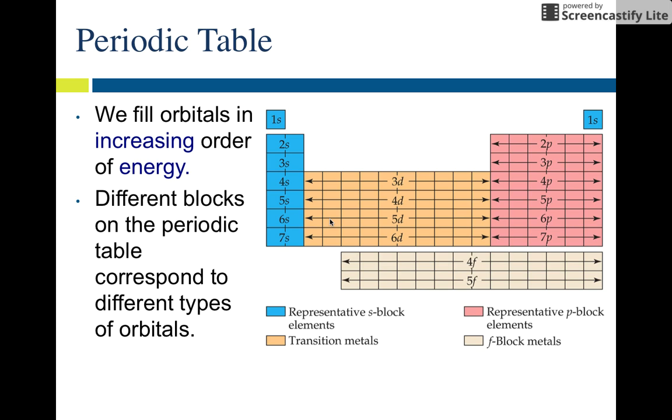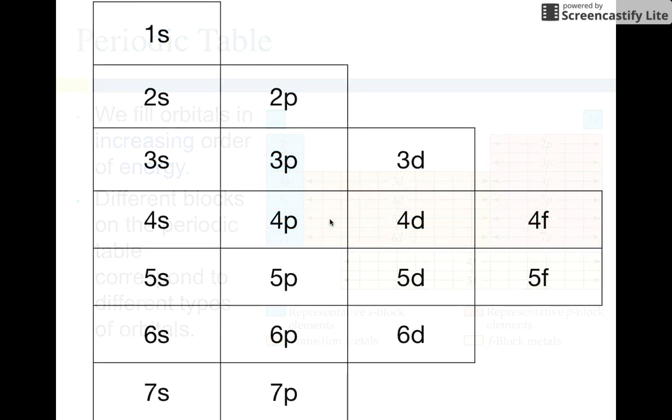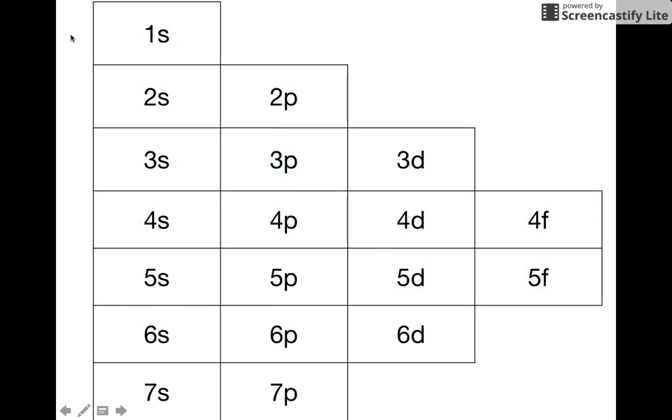Now, if you need a good way to remember the order in which to fill orbitals, here's a picture. We have the first energy level, there's an s orbital. Second energy level, we have 2s and 2p. Third energy level, 3s, 3p, 3d, and so on. And I even included down to the 7th energy level. I didn't include these because we don't have any elements that have electrons in them yet. The rule for filling orbitals is if you set it up like this, the orbitals fill diagonally from the top right.